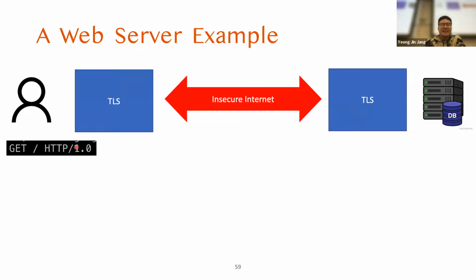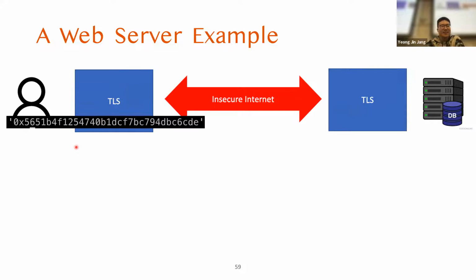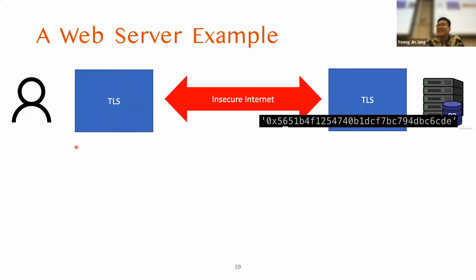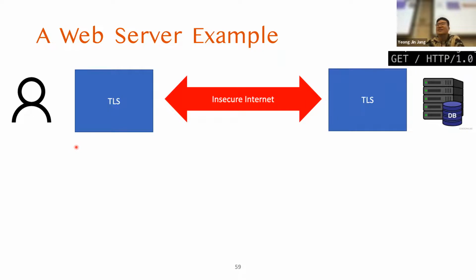In this case, if I want to send the GET message to the server, I just send that to my TLS module, and then it will be encrypted like this and go over the internet. And then the TLS module at the server side can decrypt it, and the server just sees the HTTP message. So from the server's perspective, it's just HTTP.